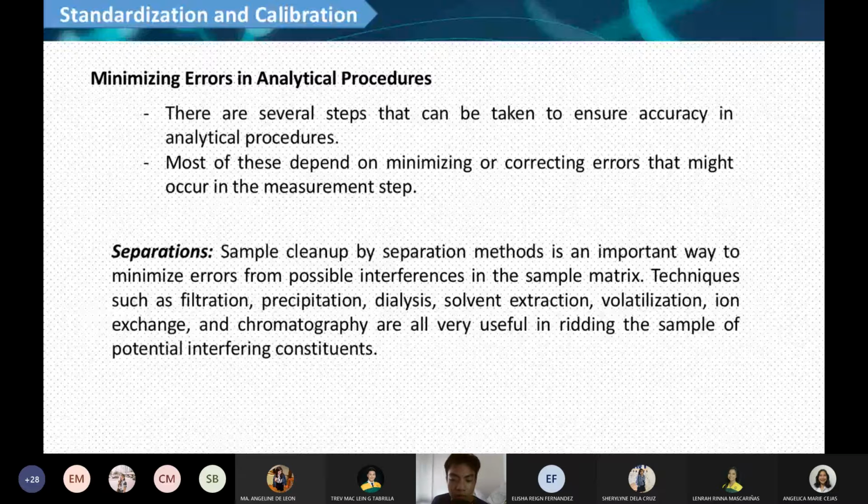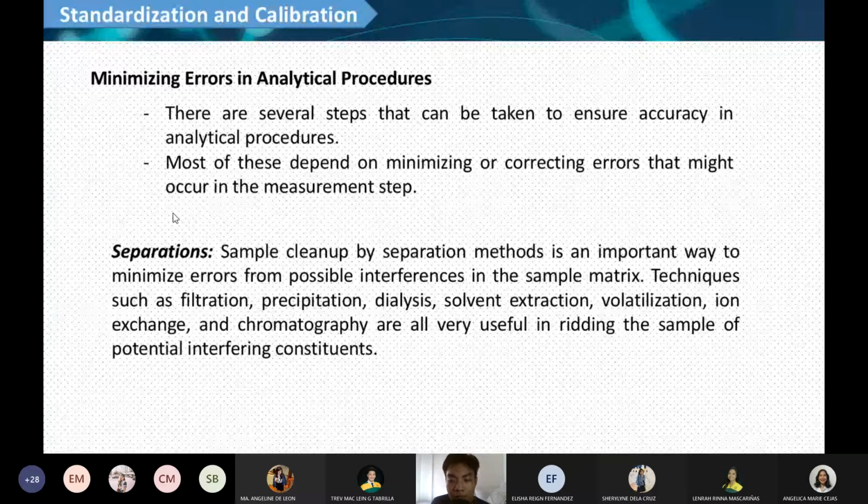If that clogs the instrument you will use, the instrument can be damaged, okay? When we say instruments in analytical chemistry, those are the large analyzers, like gas chromatography and the atomic absorption spectrophotometer. If plastics clog those, the instrument can be damaged, and replacing it will cost millions of pesos. That's why we don't want that to happen. That's why we have to do chemical separation or physical separation first.